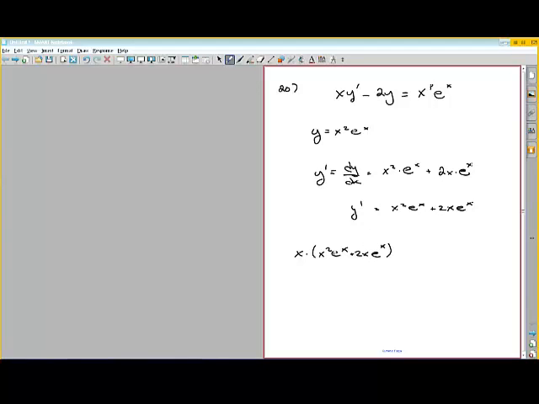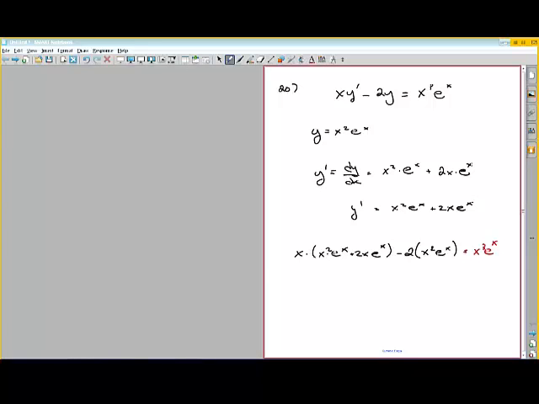We're just substituting that in here. Going back to the original equation, then we have negative 2 times y. Y is x squared e to the x. And ultimately we want to see if that's equal to the right-hand side, which is x cubed e to the x.